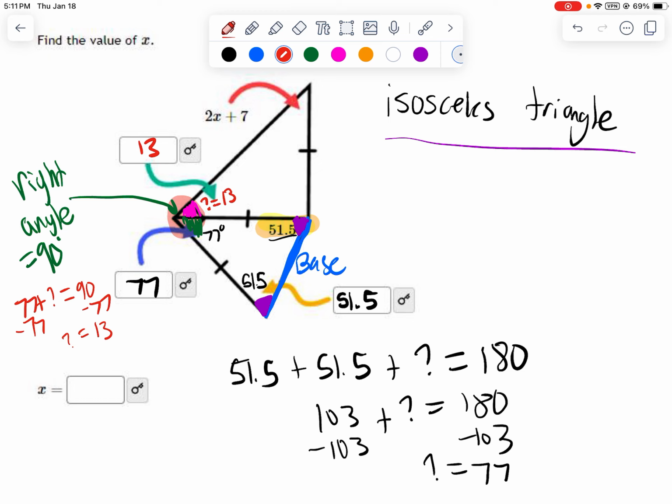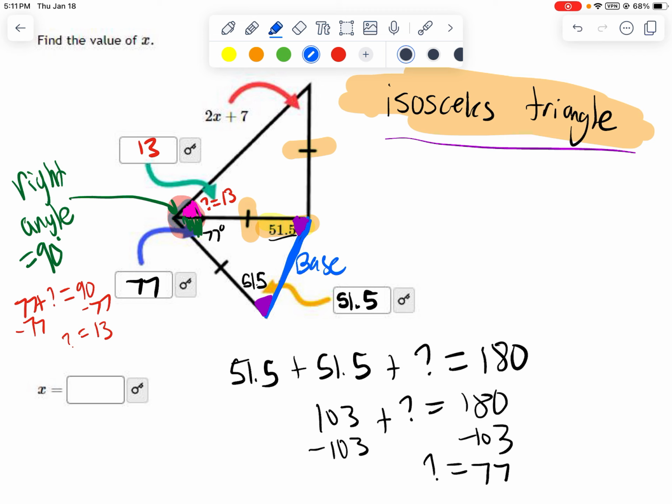And then you're like, awesome! Now I found what that angle is. How does that help me solve for x? Well, now you're in the other triangle. What do we know about this triangle? Well, you know you have two congruent sides, so you know it's an isosceles triangle as well. Where is the base?